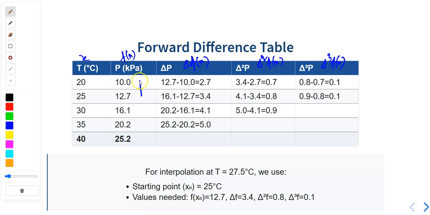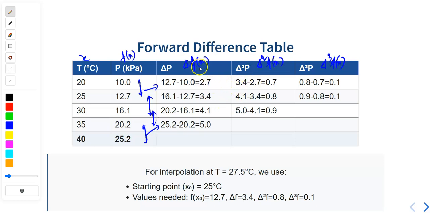So 12.7 minus 10 gives 2.7. Next, 16.1 minus 12.7 gives 3.4. Next, 20.2 minus 16.1 is 4.1. Next, 25.2 minus 20.2 is 5.